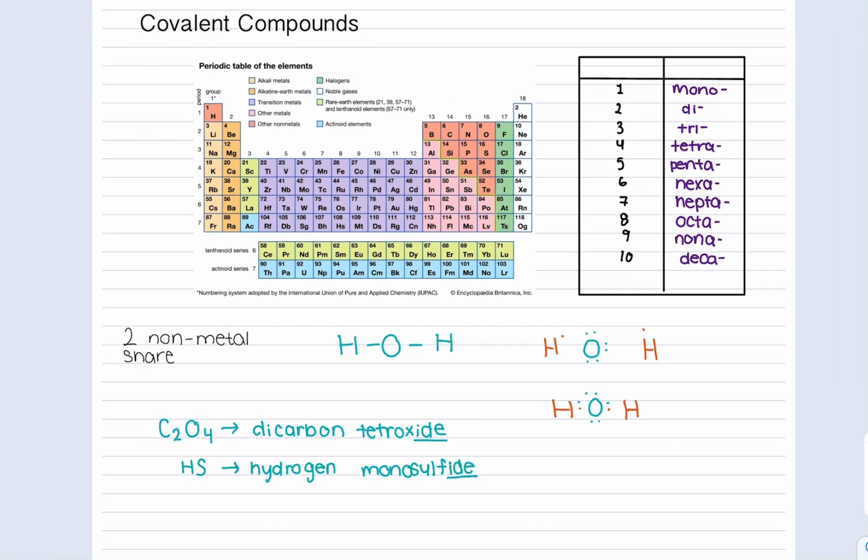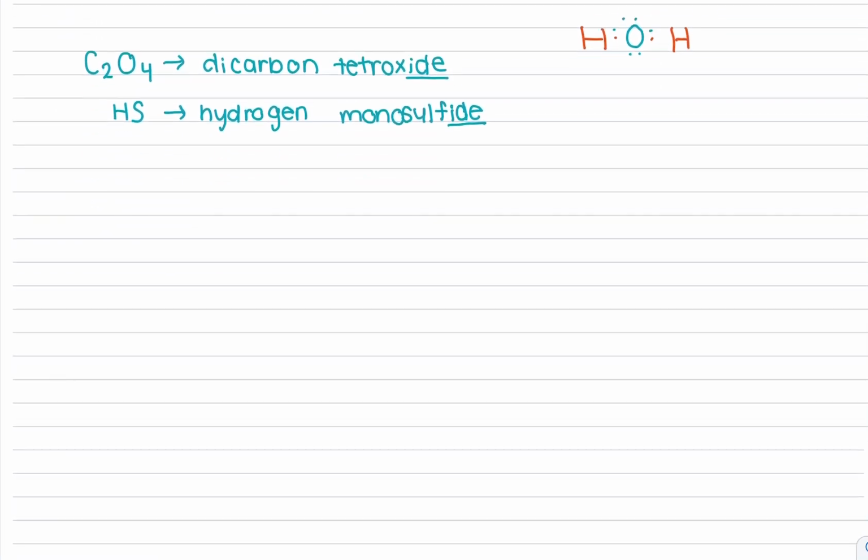All right, so let's go through a couple more examples. So if I gave us one that was P5N3, how can we go about naming this? So feel free to pause the video if you want to try it yourself. So the first thing that we'll notice is we have 5 phosphorus.